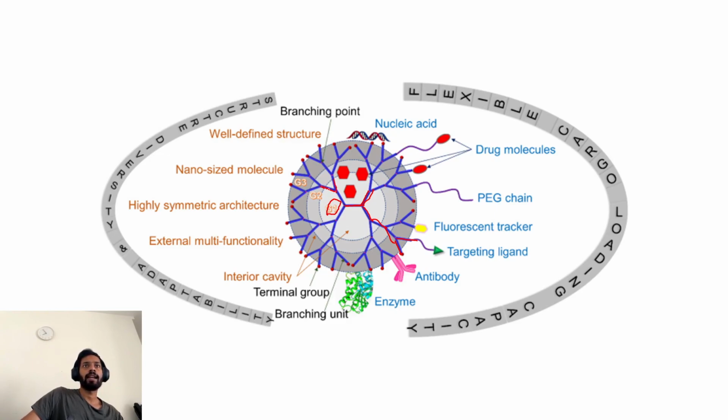And as these branches in turn start to branch out, that will become generation two. And as these branches further progress to branch out, that will become generation three. So those are generations. The size, as you can notice, is increasing as you increase the generations, because it's constantly branching out and moving out. So the size will increase with increasing generations.